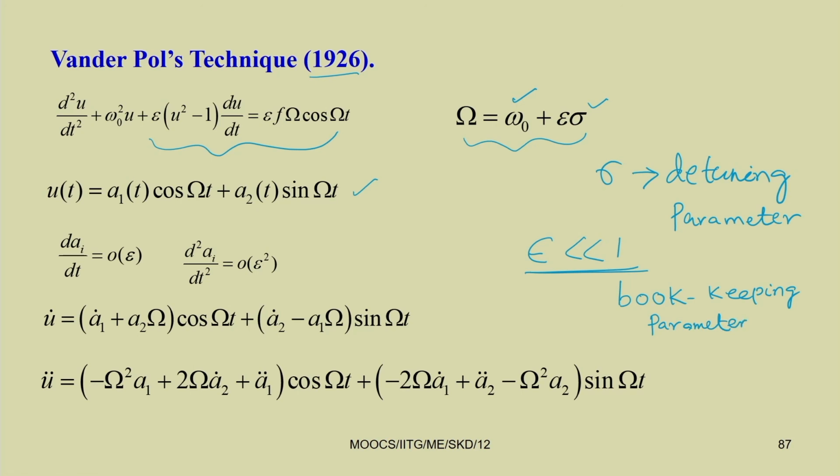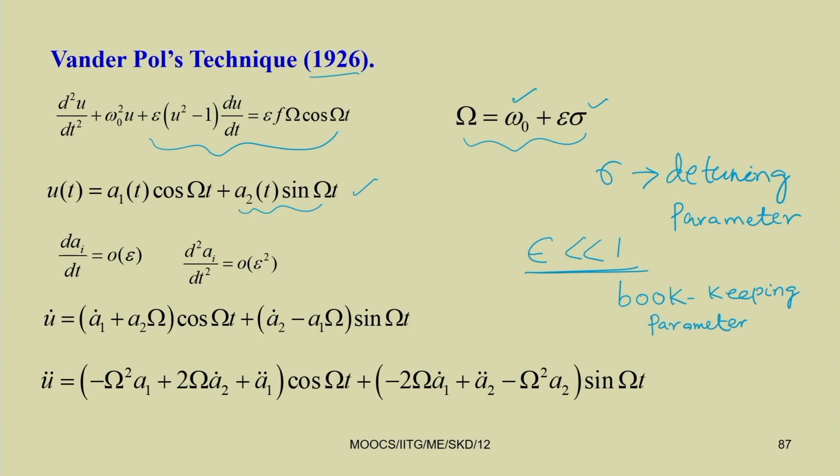So, now as u t equal to a1 t cos omega t plus a2 t sin omega t, u dot can be written by differentiating this equation: a1 dot cos omega t plus a1 into minus sin omega t into omega, and also from differentiating the second term, a2 dot sin omega t plus a2 into omega into cos omega t.